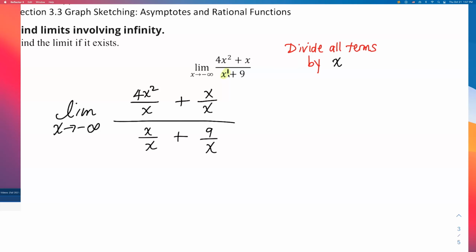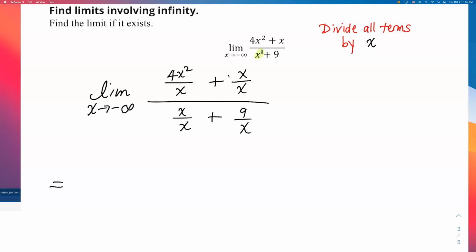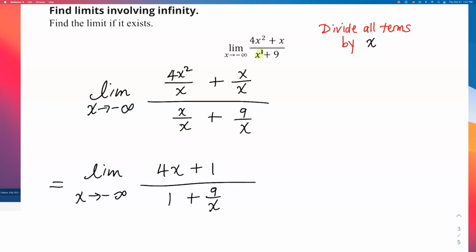And now the next line will be just us simplifying this. 4x squared divided by x is 4x, and we have plus 1, and x divided by x is 1, but 9 divided by x is 9 over x. Well, everything worked out okay except for this top one.